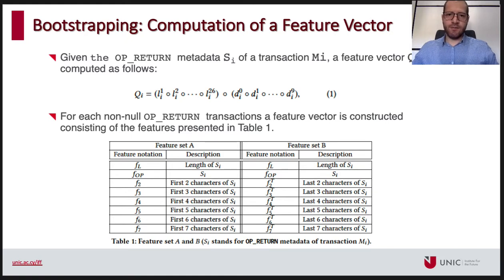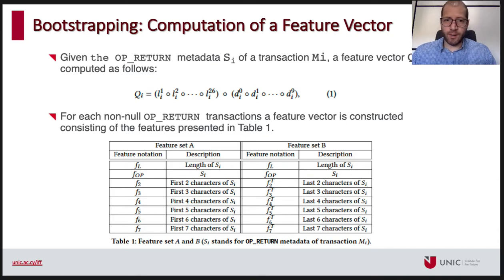Actually, table 1 is divided into 2 categories, what we refer to as feature set A and feature set B. The computation of those features applies only to non-null op return transactions and content. Both feature sets share 2 features as shown in table 1.